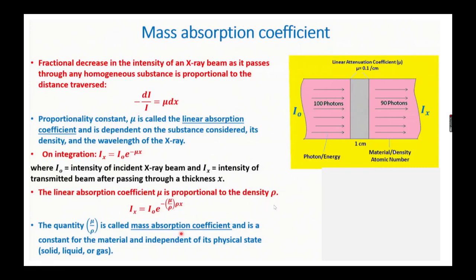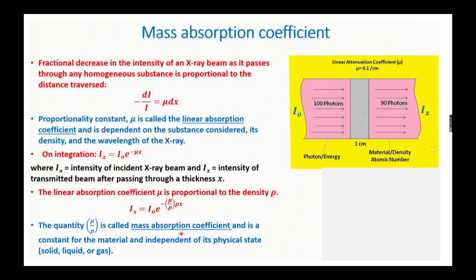Suppose you have a material of very high density and you give any radiation of I naught intensity, then you will get a variation. Suppose material A is more dense as compared to material B, then the intensity coming out will also vary.